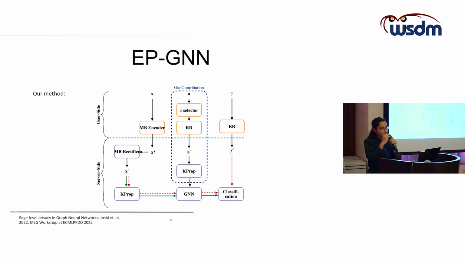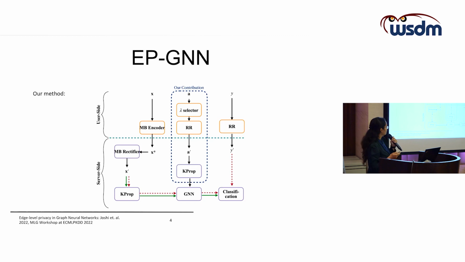Users share their privatized information: the user adds noise to the information and then shares it with the server for the GNN to be applied at the server side. Similarly, the labels of the nodes are also privatized using a mechanism called randomized response, where with some probability the bit is flipped. Now, this was the previously available work.